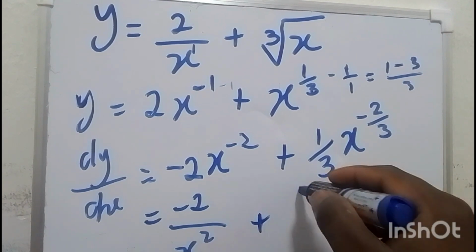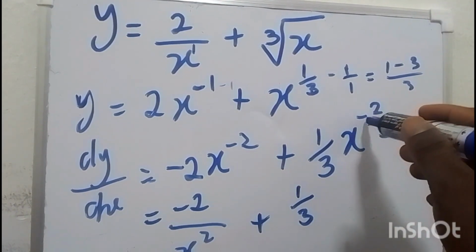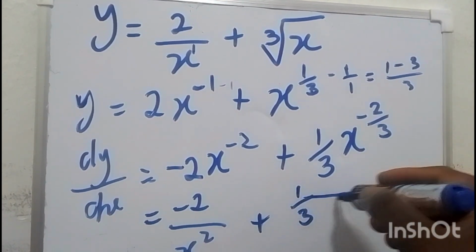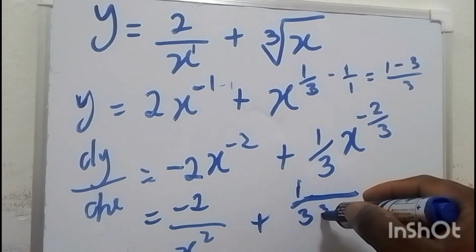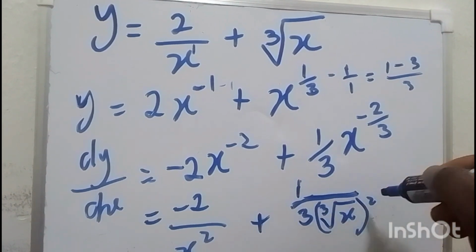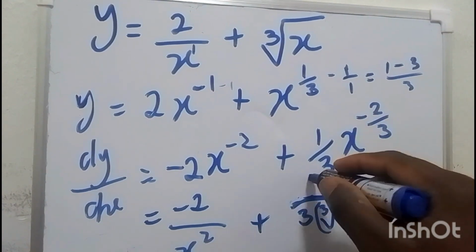Plus 1 over 3. This x also, because it has a negative power, we can also change it. So we can write 1 over 3 cube root of x, whole power 2. Okay, so we can just write this properly.